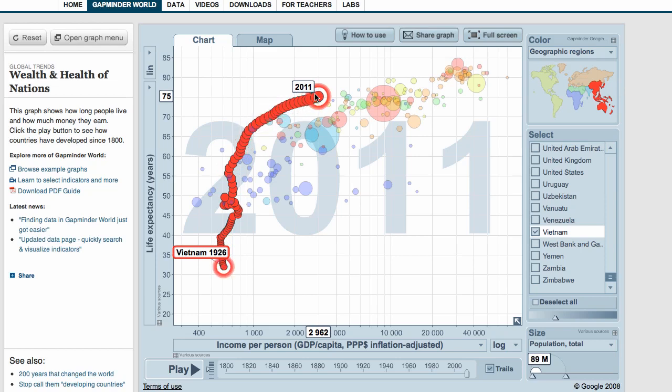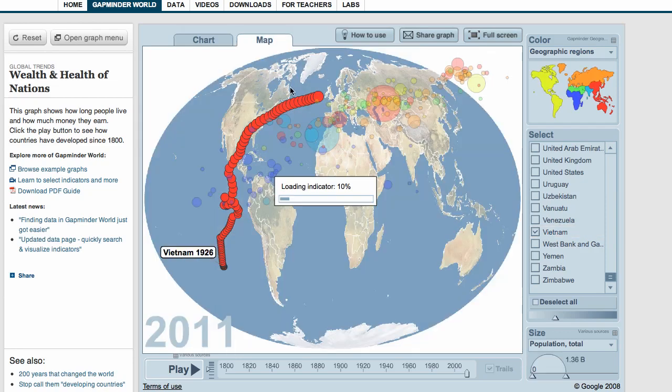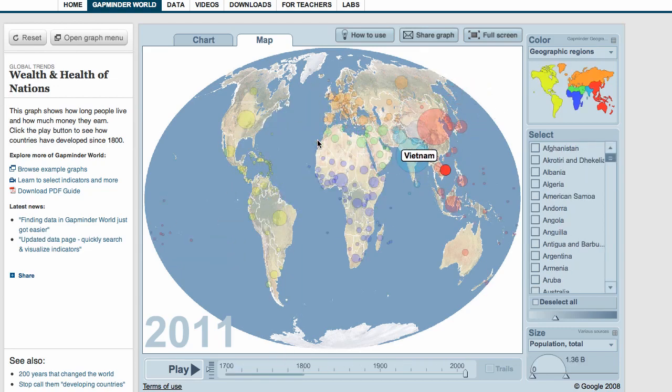So again, this is a dynamic database, and there are so many things you can investigate with this. You can investigate it in map form right here. If you look at a particular indicator, it'll show those things in their relative positions on the map.